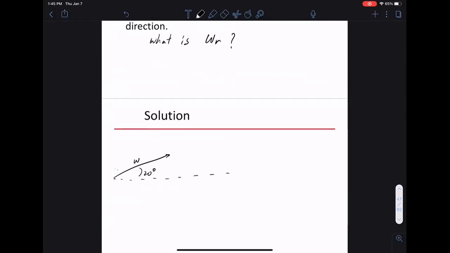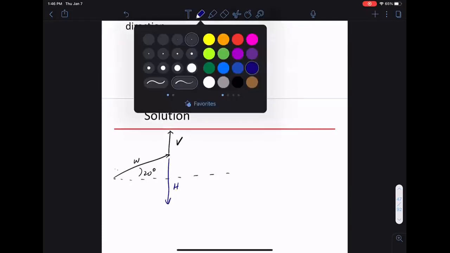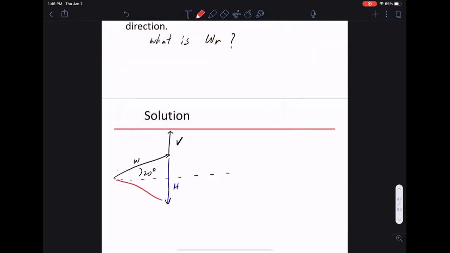And the blades are moving up with this velocity, this V. So what we want to do is find the H direction, the head speed, and then add them up to obtain the relative wind speed.